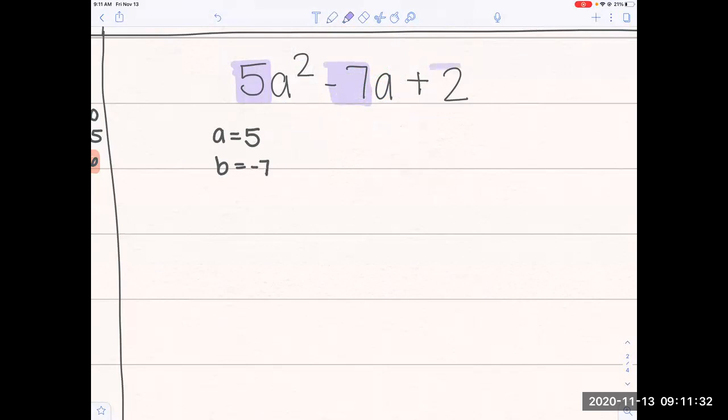And then C is the number in the back, or the constant. Okay, so I've got A equals 5, B is -7, and C is 2. All right, so from there, I'm going to fill in my X to keep me organized. A times C on top, B on the bottom.